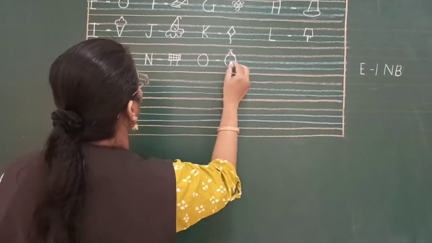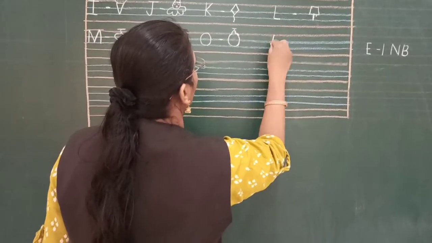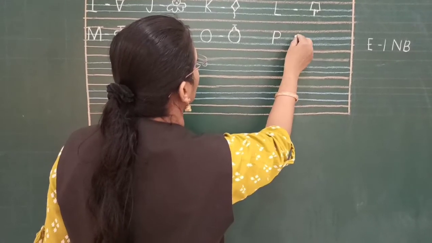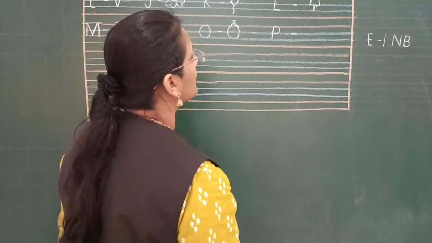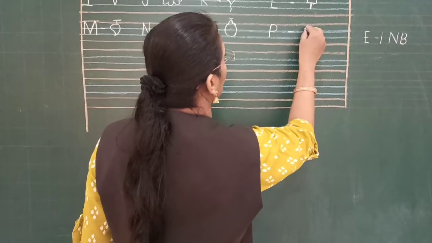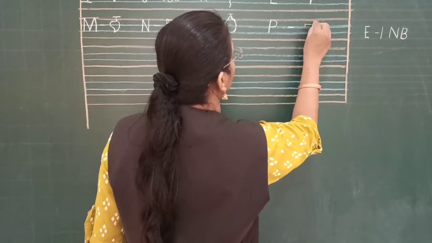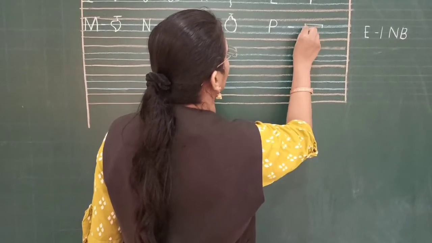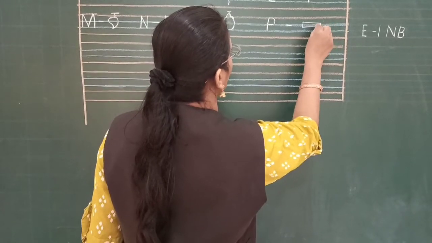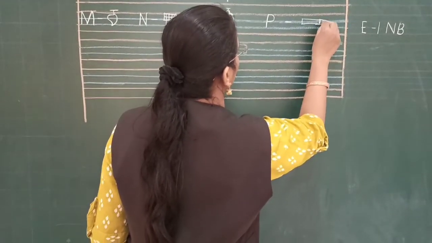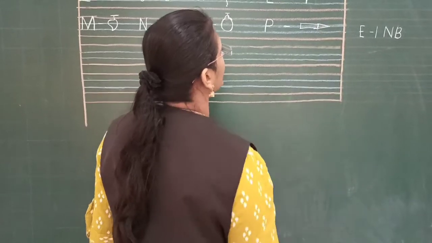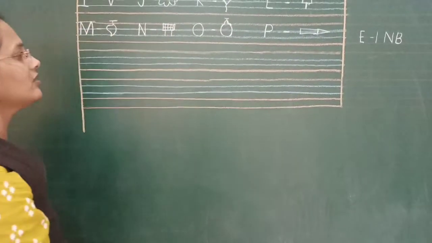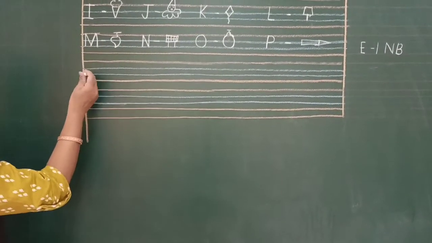Then after O, yes, capital alphabet P, and P is for, you can draw pen, you can draw pencil, just like this, rectangle shape, and then pointed point. Okay, like this.